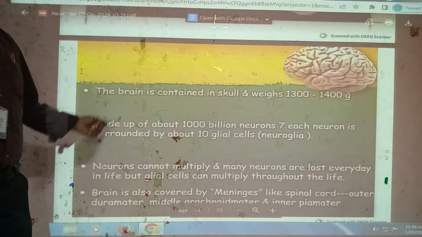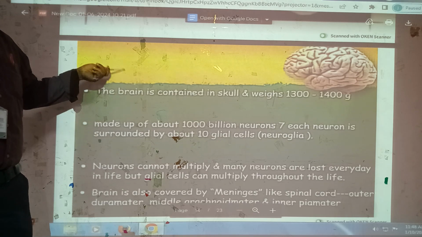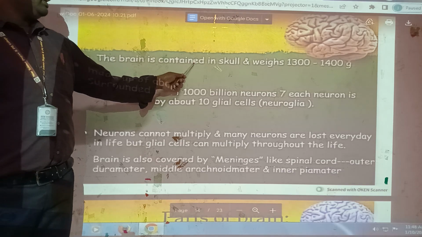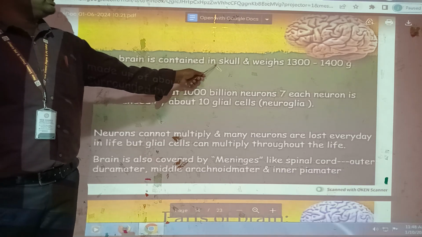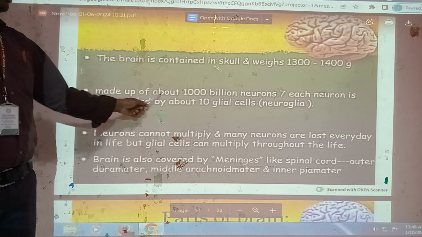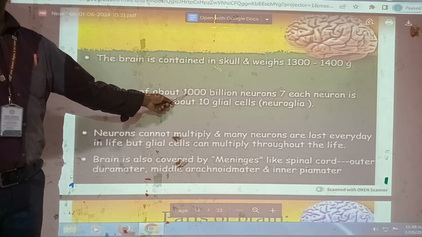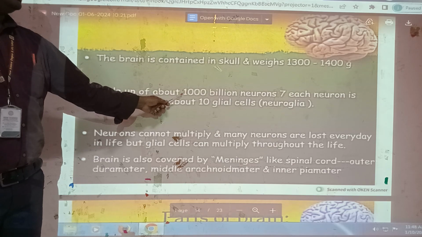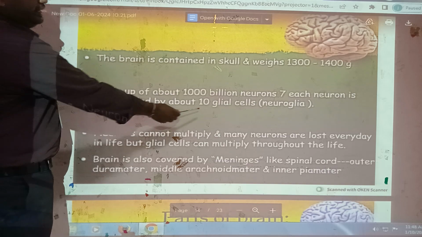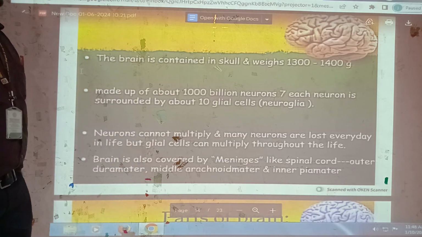Now, some important points. The brain is contained in the skull and weighs 1300 to 1400 grams. It is made up of about 100 billion neurons, and each neuron is surrounded by about 10 glial cells.